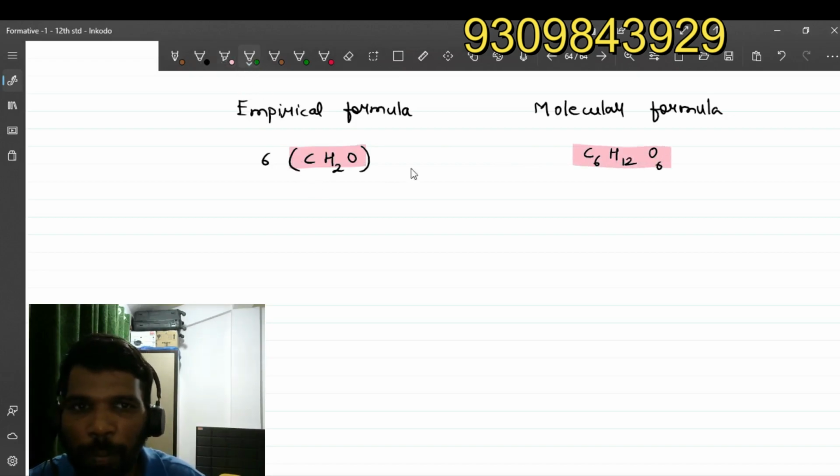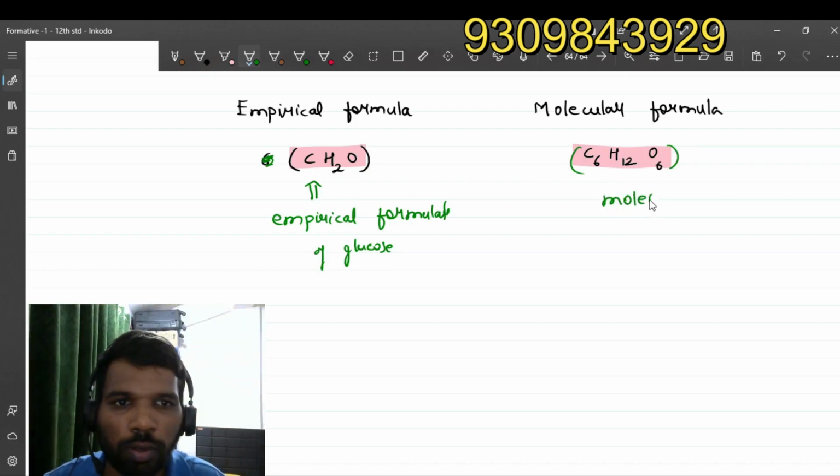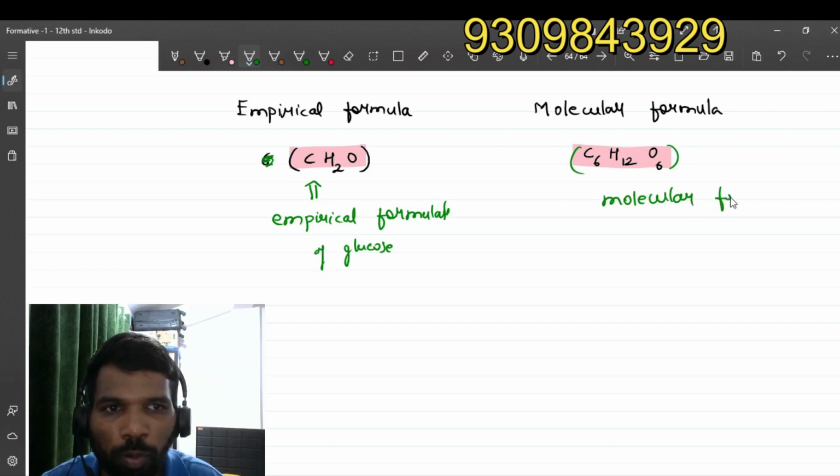This is the empirical formula of glucose. It means not 6 into this; you don't have to consider this. Only CH2O is the empirical formula, and this is the molecular formula of glucose.